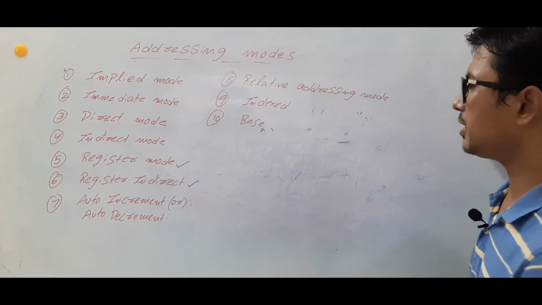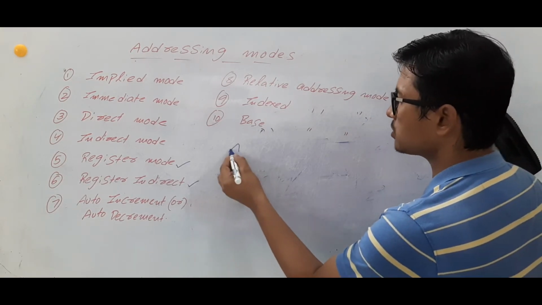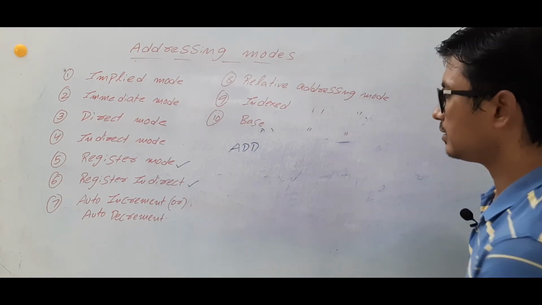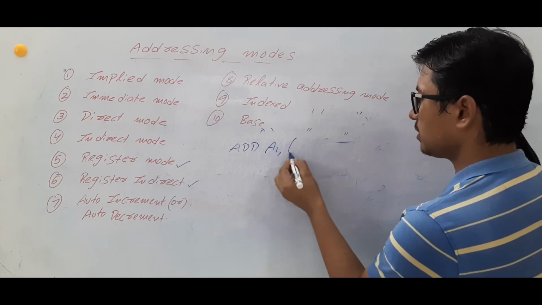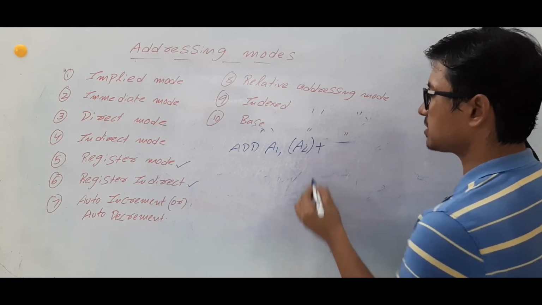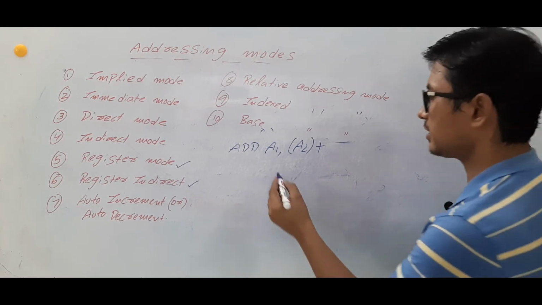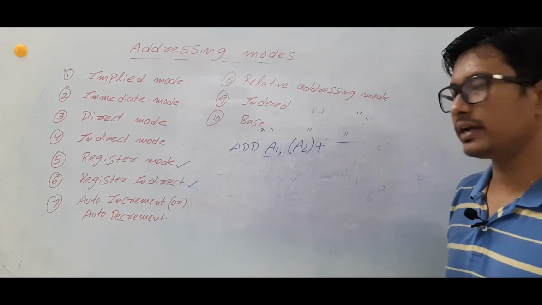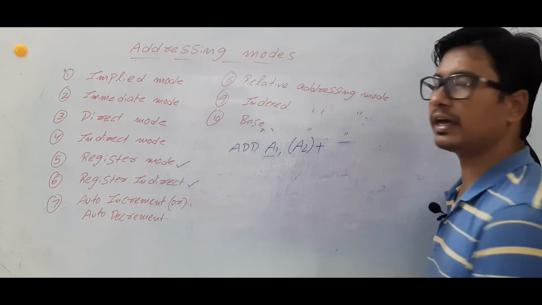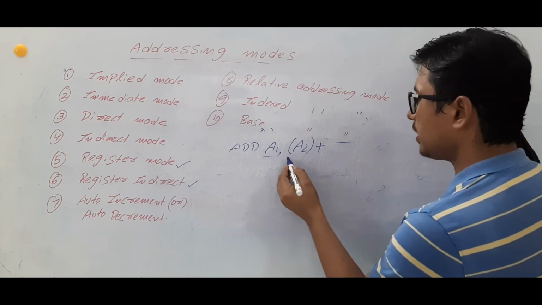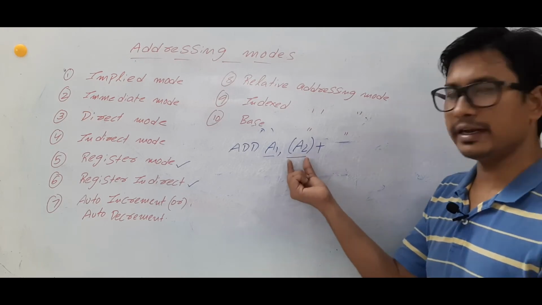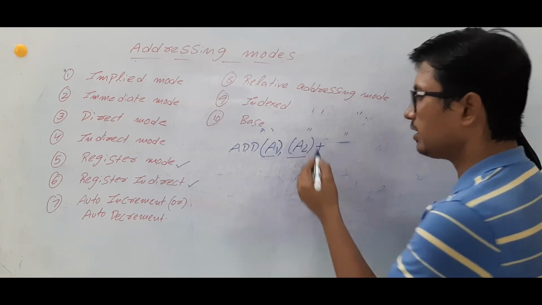The auto increment and auto decrement addressing mode is, suppose let's take that I have written add A1 comma A2 plus, like that. Now here A1 is, let's take that it is a direct addressing mode, meaning it has given the direct address. And here this is also a direct addressing mode with an increment operator.